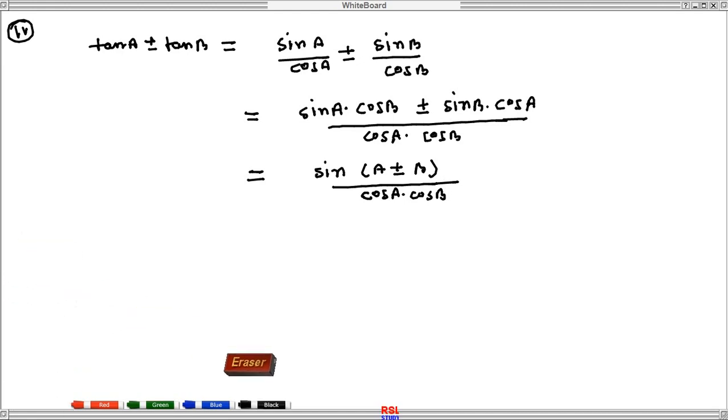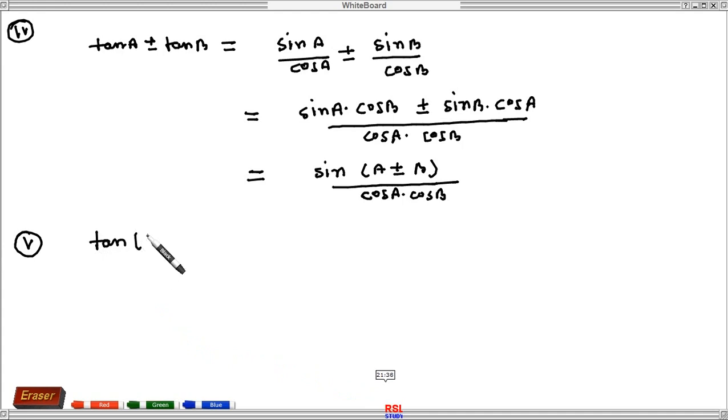Now we will see this: tan of pi by 4 plus theta. In short form it is written as 1 plus tan theta by 1 minus tan theta. If you want to write it in expanded form, you expand it just like tan of a plus b.